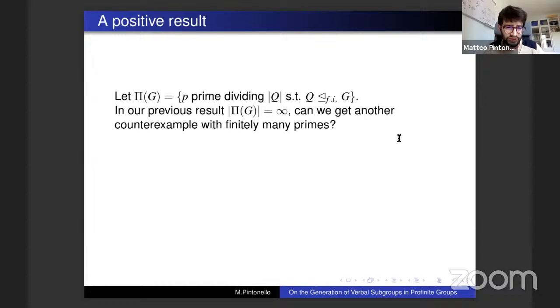So a question was, if we work with finitely many primes, on which side are we? Can we find counterexamples, or can't we?